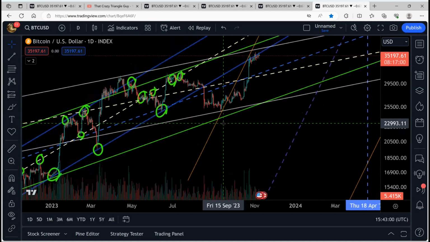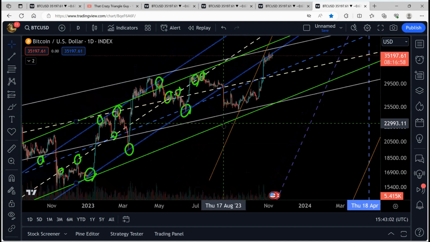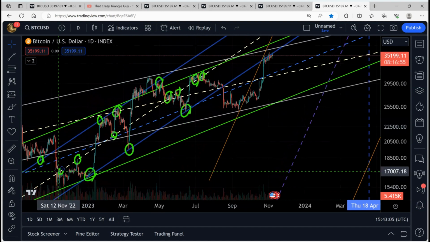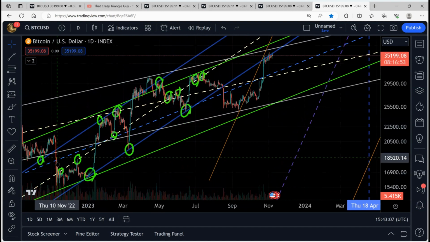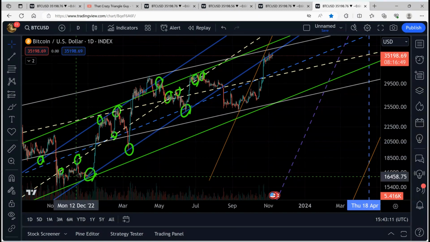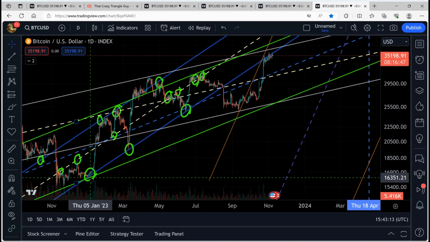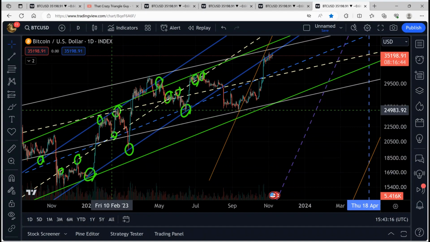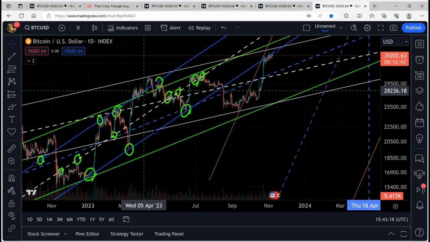And since it can be argued, since we had the FTX collapse here, we have been trading in this blue channel. Came to the bottom of it here in January, and since January we've been traveling up nicely through it.